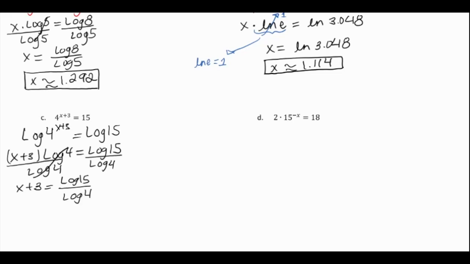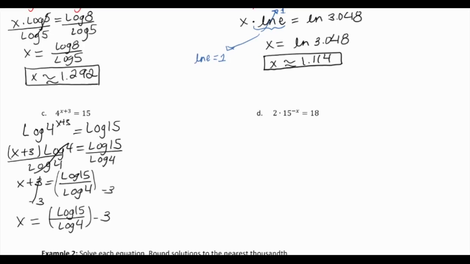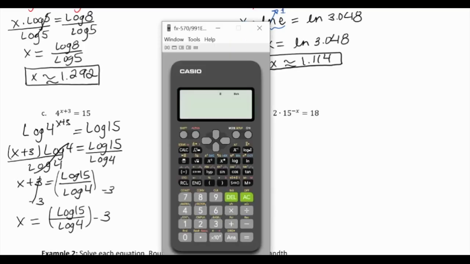Now from here, we're going to subtract 3 on both sides. So that's going to leave us with x equals log of 15 over log of 4 minus 3. Let's go ahead and solve this on the calculator.